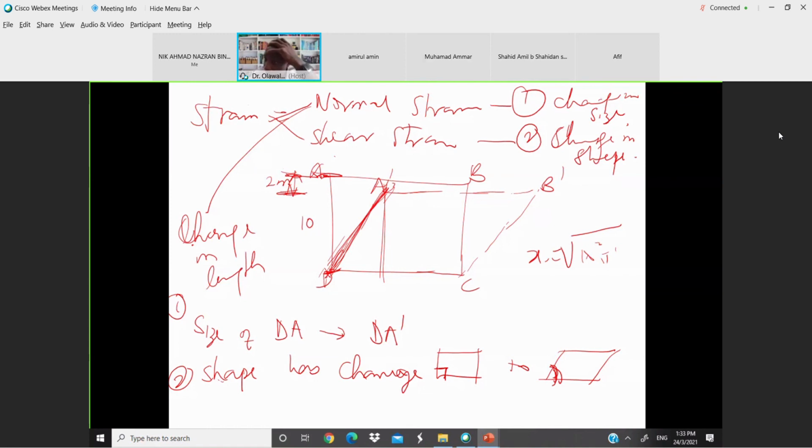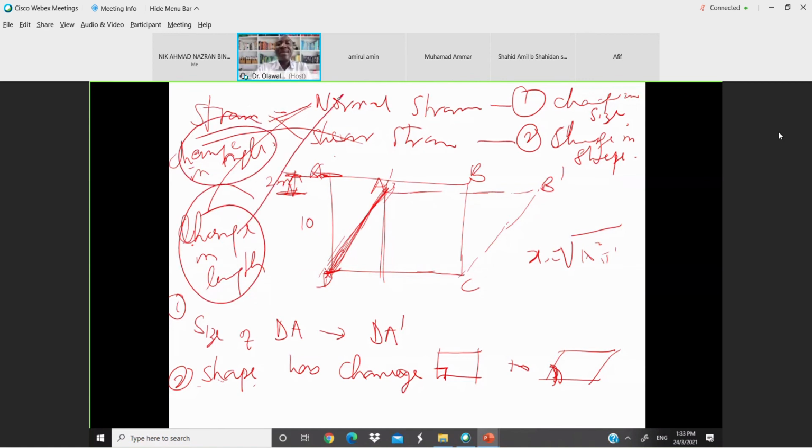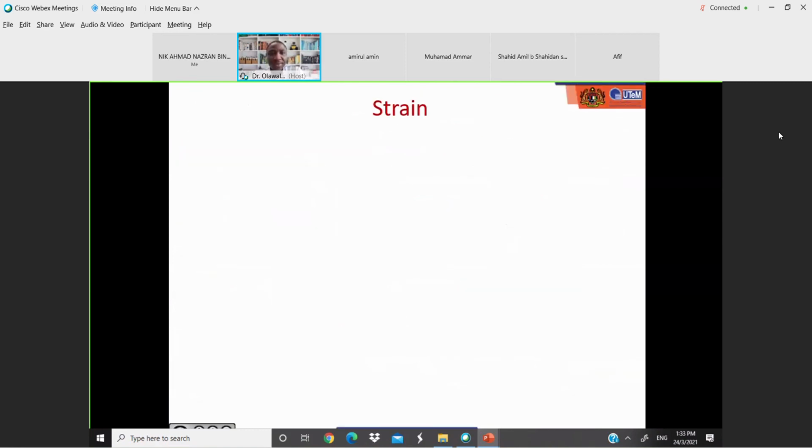No. Okay, so your change in shape, which is shear strain, corresponds to change in angle. So I'll be discussing those two now, based on change in length and change in angle. Change in length, normal strain. Change in angle, shear strain. That's what I want to explain here before I go forward.